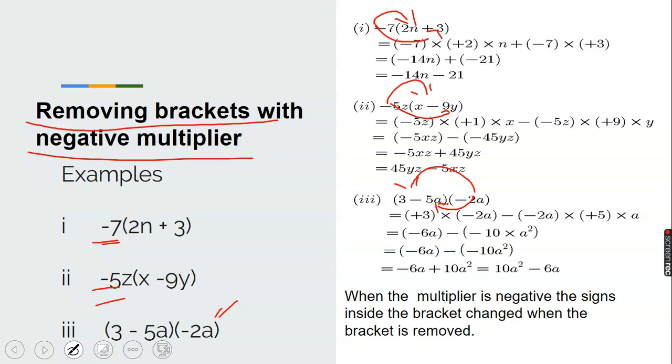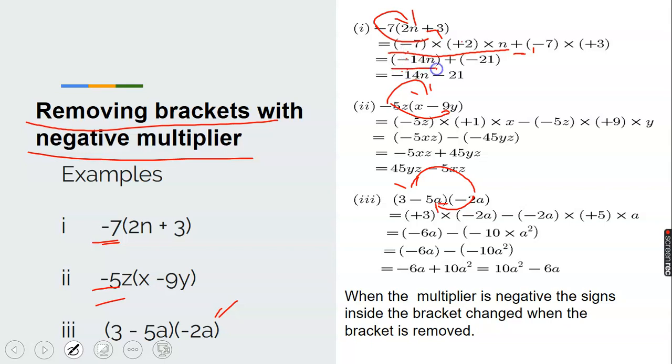Minus 7 times plus 2 times n. I just break it down. I believe you know this part. Plus, you can see the plus here. Minus 7 again times plus 3, because it's a positive number. Now, minus times plus is minus. Minus 7 times plus 2 will give us minus 14.